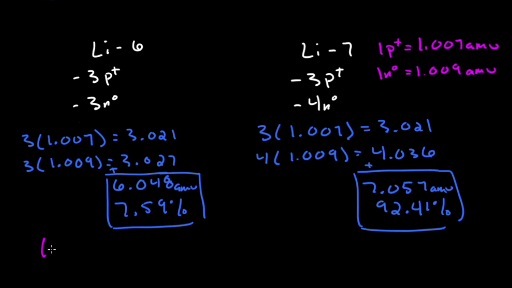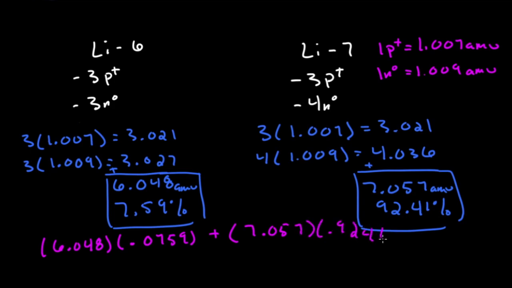So we're going to do 6.048 times 0.0759, and we're going to add that to 7.057 times 0.9241.